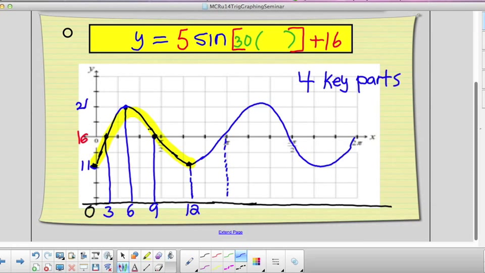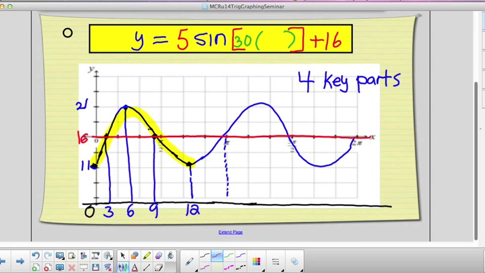So everything is fine, vertical shift is fine, but now we have to talk about horizontal shift. Remember, this is the sine function. The sine function always starts at the axis of symmetry. Is my function starting at the axis of symmetry? No, because the axis of symmetry is along the line 16.